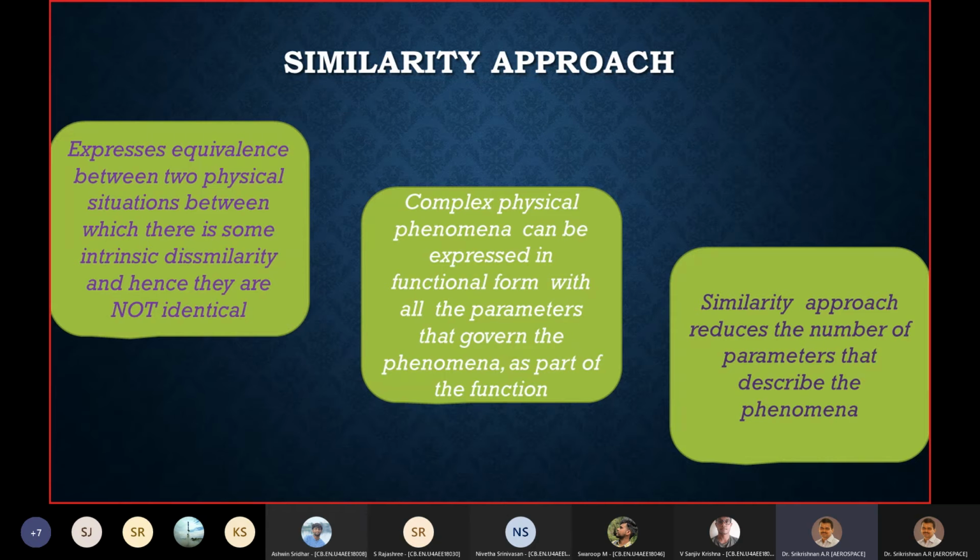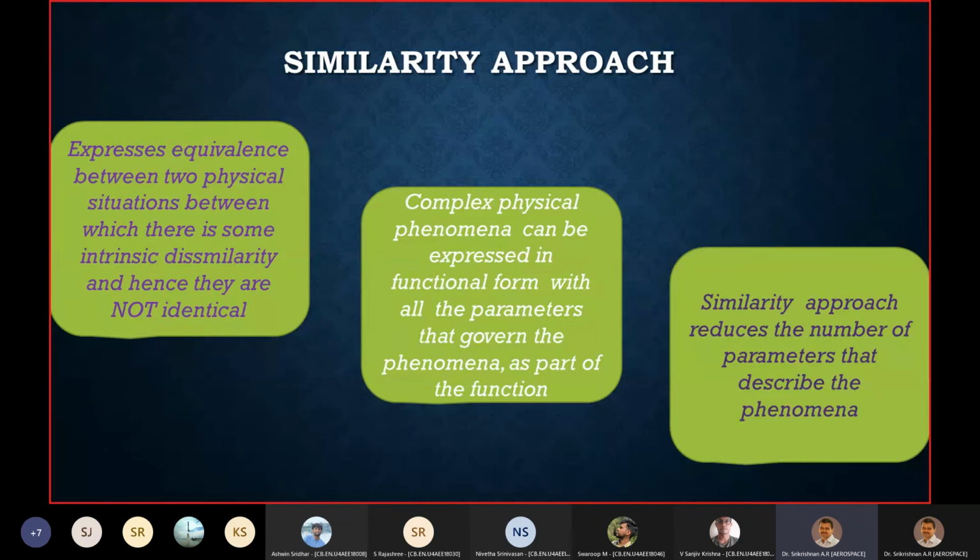In addition, if they have the same Reynolds number also, then non-dimensional parameters like CD may be the same for both. That's basically the approach in non-dimensional analysis, and that's what we extend here in the similarity approach also.